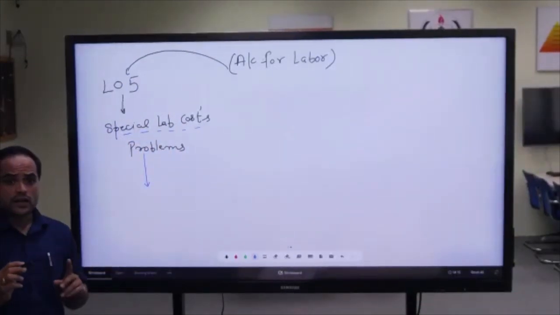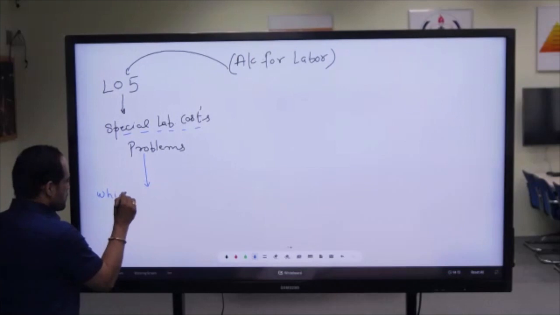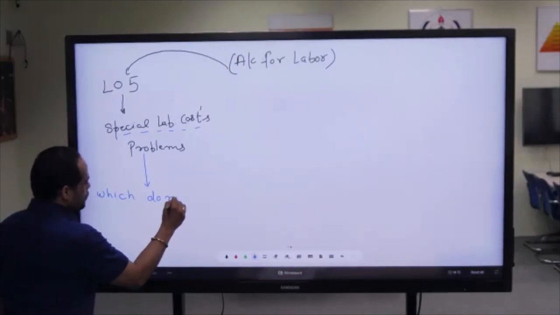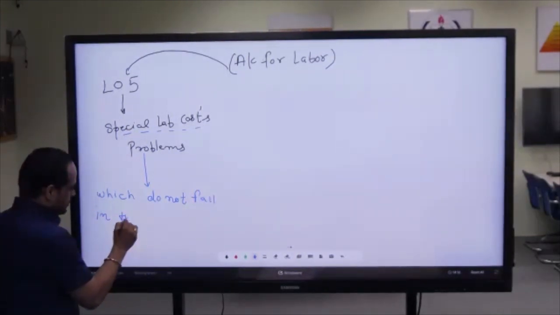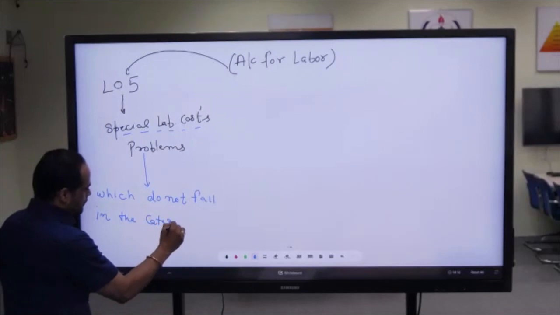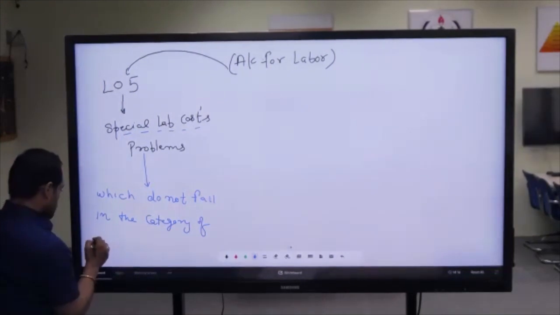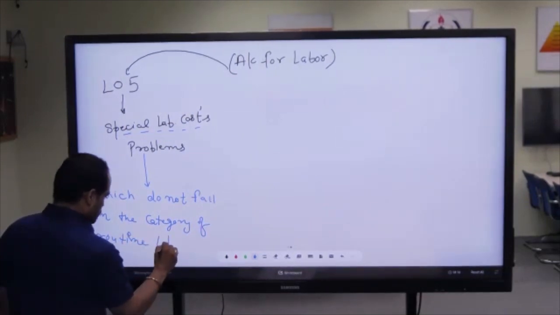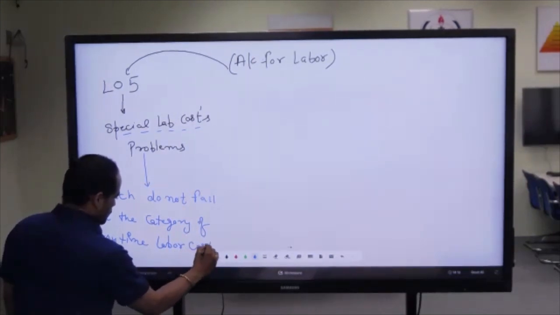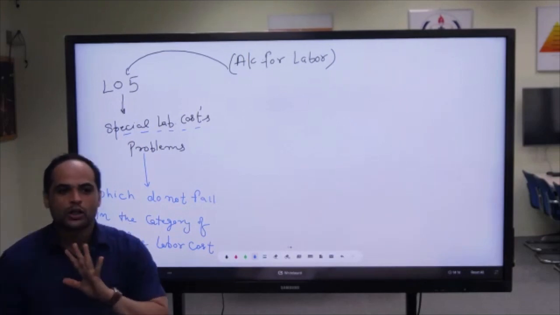Special labor costs are those costs which are not a normal labor cost.